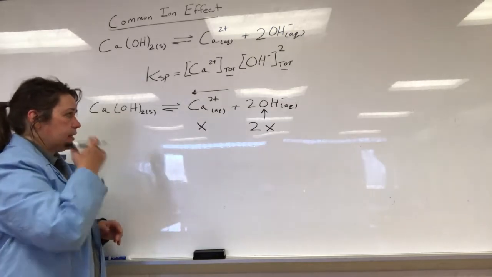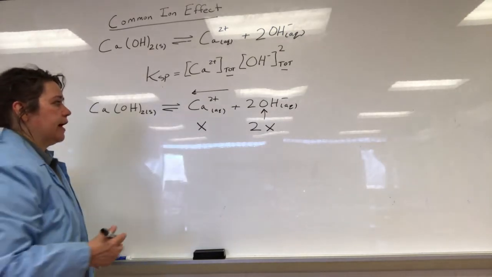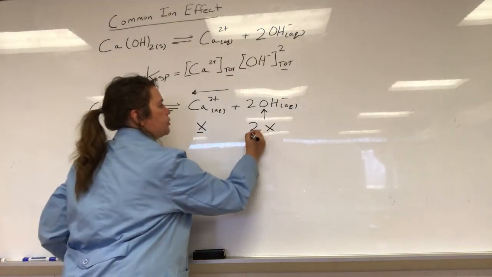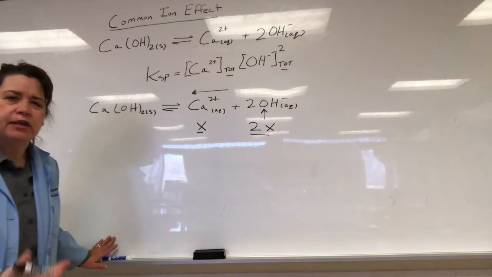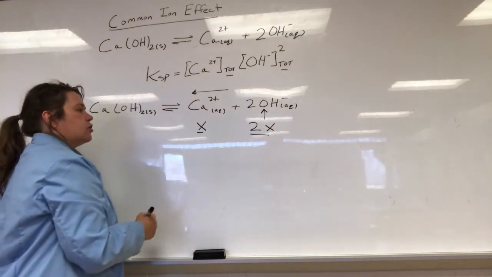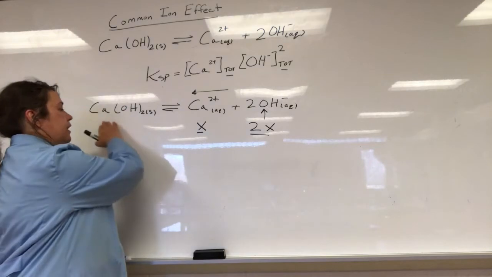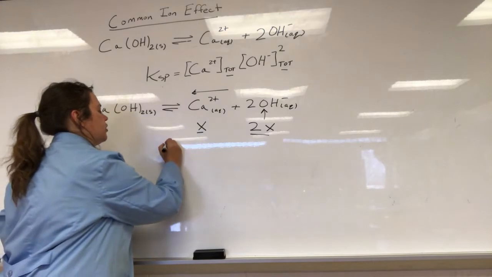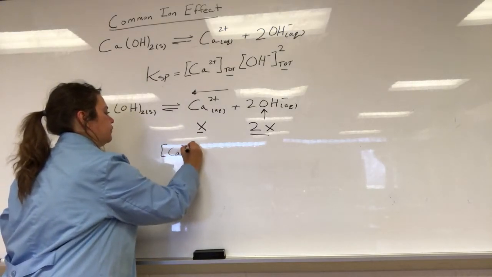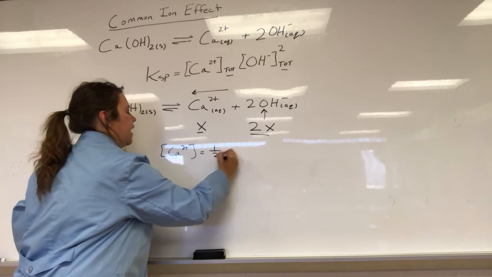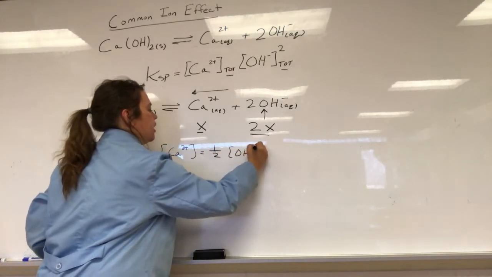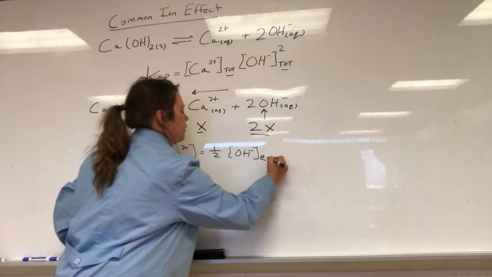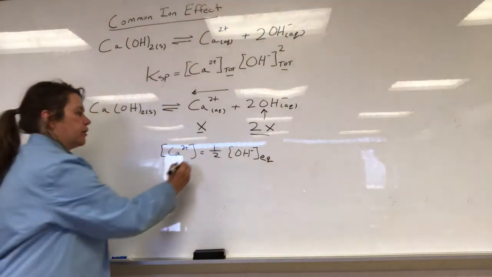Well, in this balanced chemical reaction, whenever we get x amount of calcium, we're going to produce 2x amount of hydroxide. It's going to be twice the amount of hydroxide. So if we measure the amount of hydroxide produced by the dissolving of the calcium hydroxide, then we should know that the calcium concentration will equal 1/2 the hydroxide concentration, where the hydroxide is not the total hydroxide, but the hydroxide that's been provided from this solubility equilibrium.